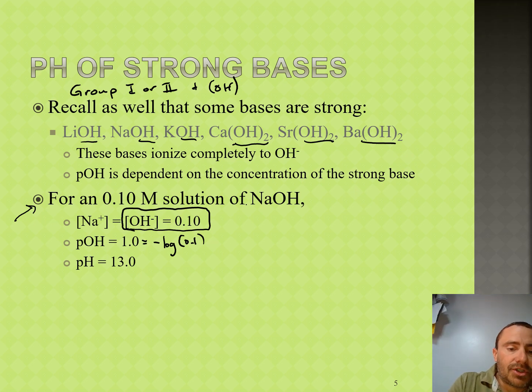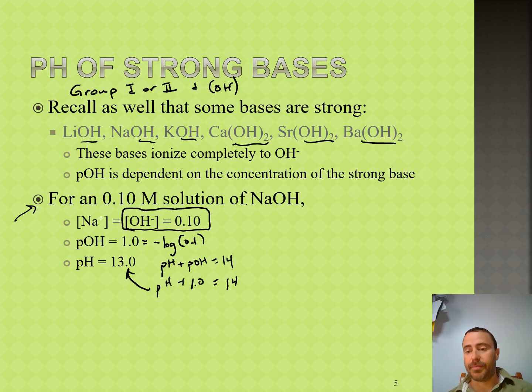And the pH, well, we know that the pH plus the pOH is equal to 14. So 14 is equal to 1.0 plus the pH. So the pH had to have been 13.